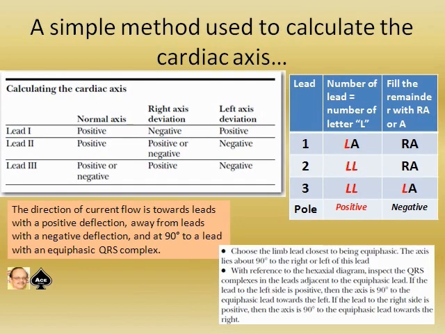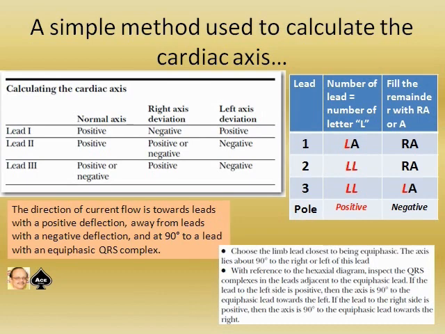Now let us calculate the cardiac axis. In a normal axis, lead 1 will show positive, lead 2 will show positive, and lead 3 positive or negative deflection. Whereas in right axis deviation, lead 1 will be negative, lead 2 may be positive or negative, and lead 3 will be positive. In left axis deviation, lead 1 will be positive, lead 2 will be negative, and lead 3 will be negative.